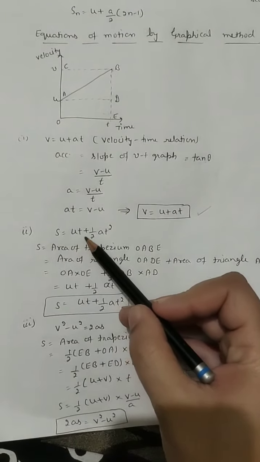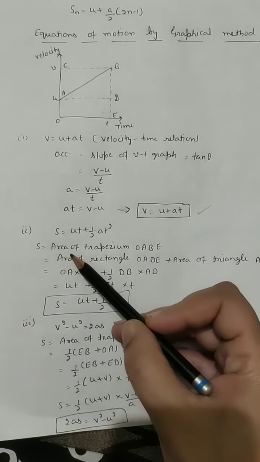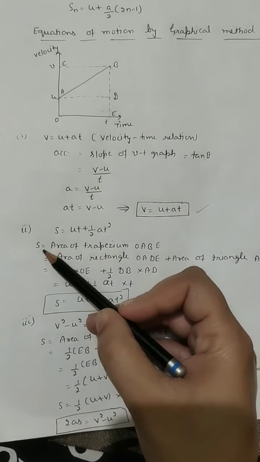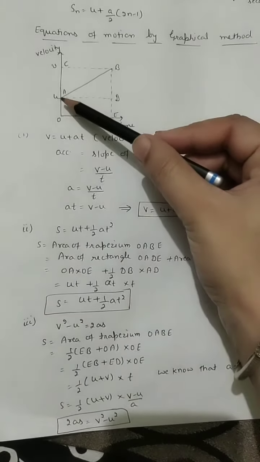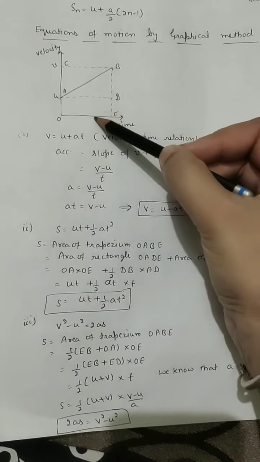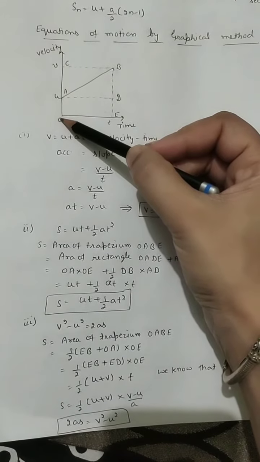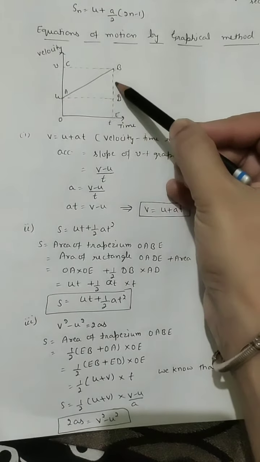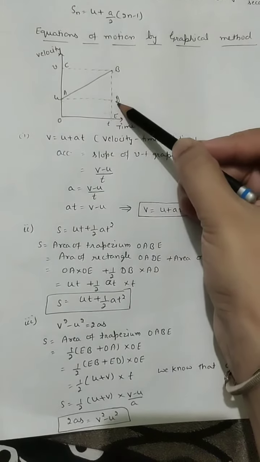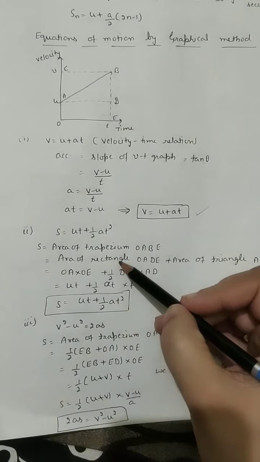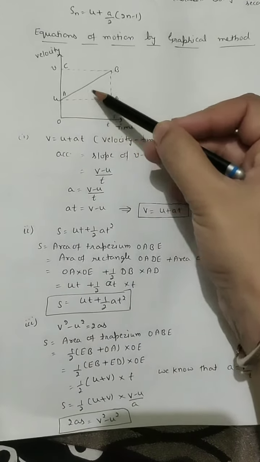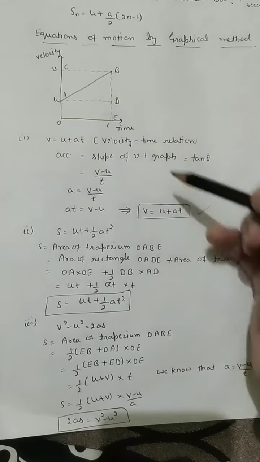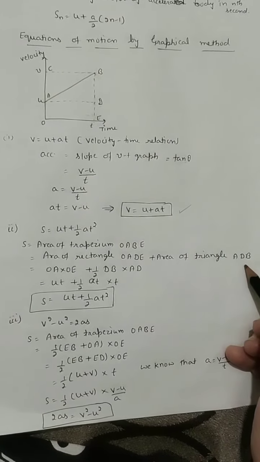Second is s is equal to ut plus half at square. We already discussed that the area of a vt graph gives the distance or displacement. Here we can see the shape of a trapezium OABE, which we can split into a rectangle OADE and a triangle ADB.